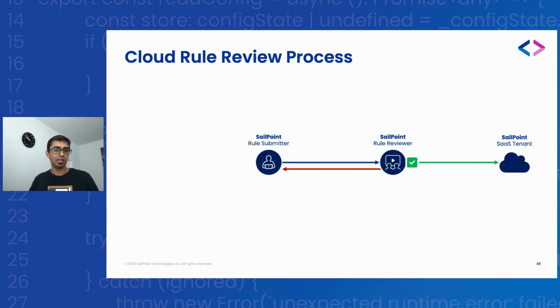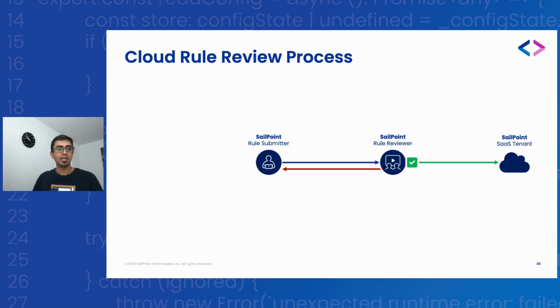And the review team will update or confirm to the one who submitted the request that the rule has been deployed. Typically the rule review request will be submitted by the SailPoint team, right? It could be a member from the professional services team or from support.